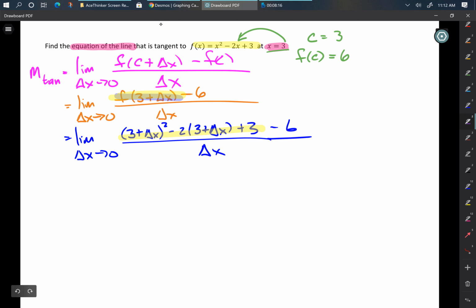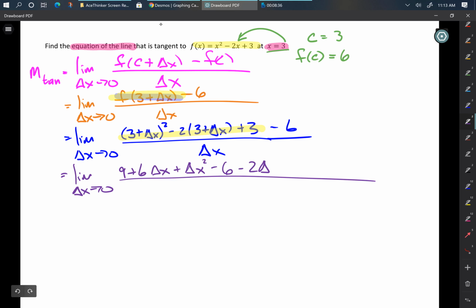Okay. Now I need to do a whole bunch of algebra. So I'm taking the limit as delta x approaches 0 of 3 plus delta x squared is 9 plus 6 delta x plus delta x squared, minus 6 minus 2 delta x plus 3 minus 6.